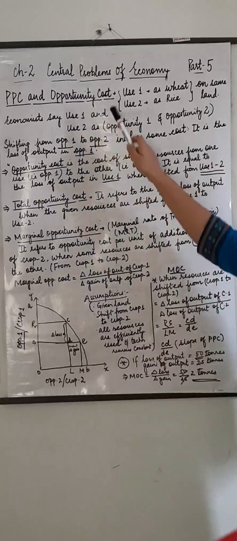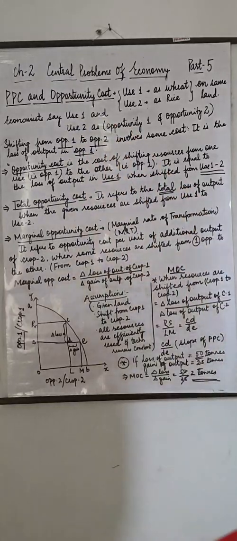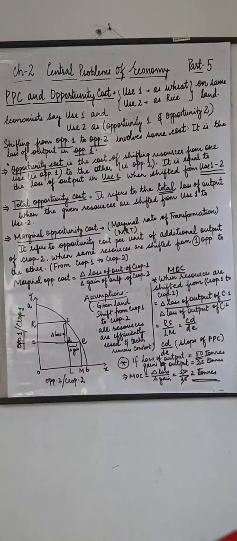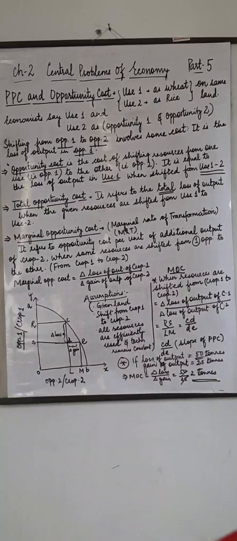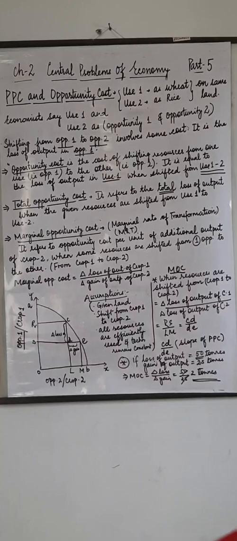PPC and opportunity cost. Students, here it becomes essential to make you revise one more time your PPC. PPC is your production possibility curve. It shows a number of combinations of two goods, that could be good X and good Y. It shows that if we have to increase one, we have to decrease the other good.